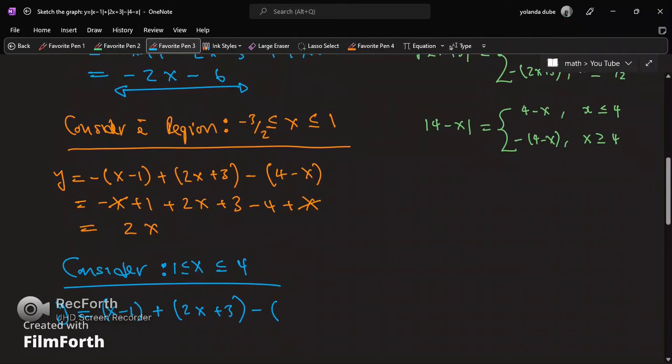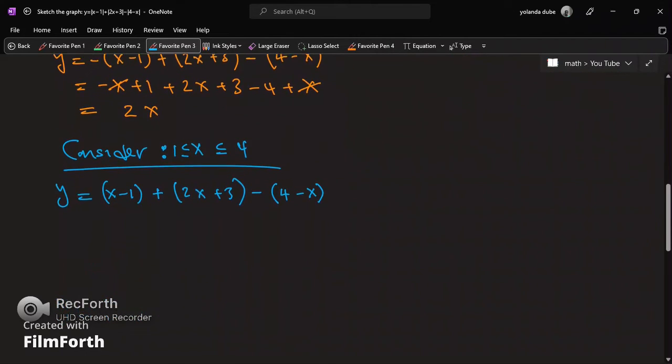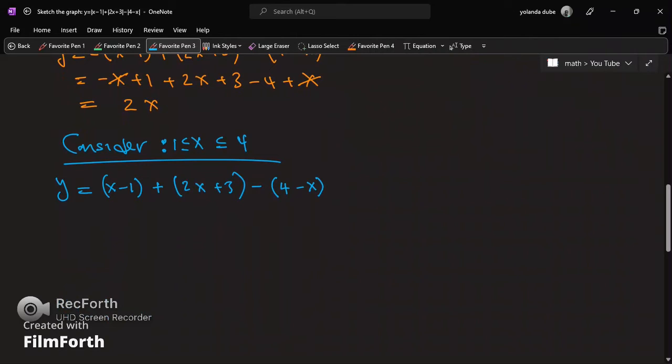So let's simplify, and what we get from here: x minus 1 plus 2x plus 3 minus 4 plus x. So adding those, we get 4x, and then 3 minus 1 is 2, minus 4 is negative 2. So the function is defined by this in that region.